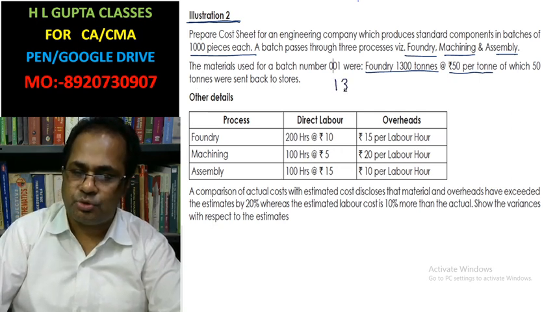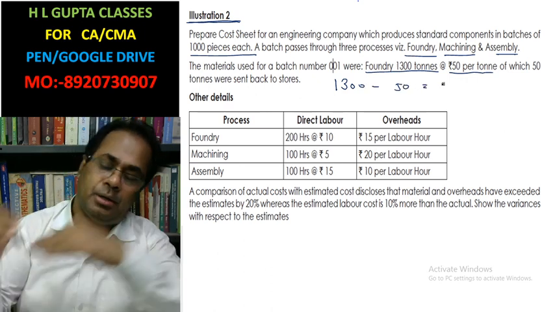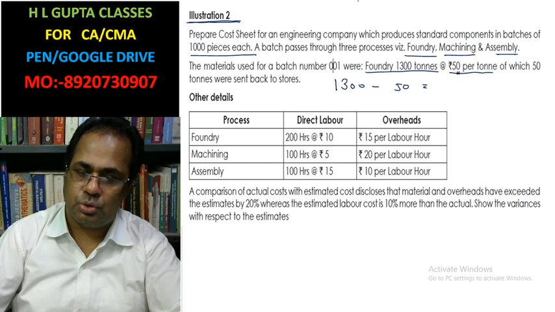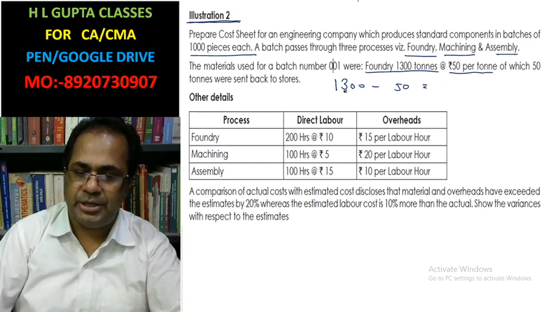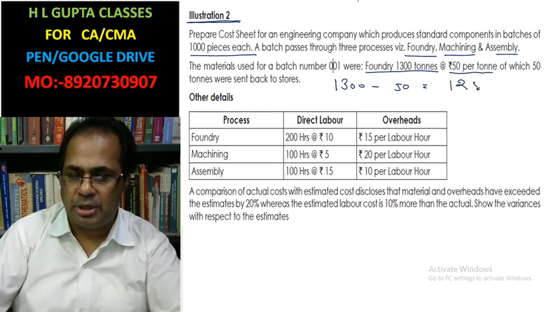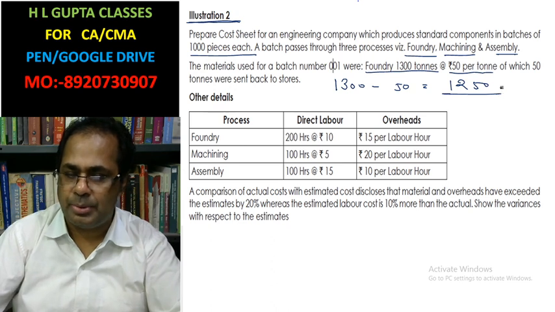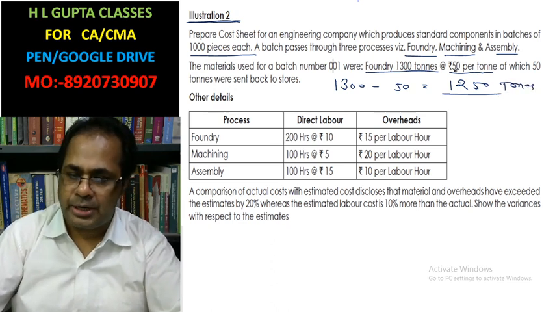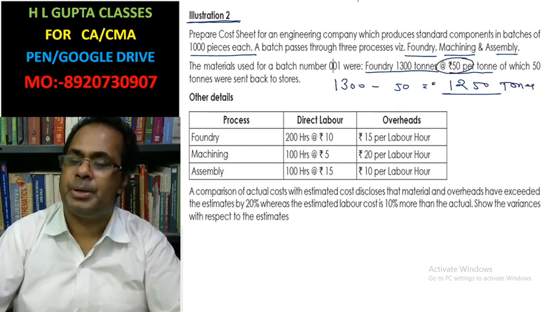Actually, the store issued 1,300 tons. Out of that, 50 tons were returned to the stores. It means the material used is 1,250 tons. The rate is rupees 50 per ton.